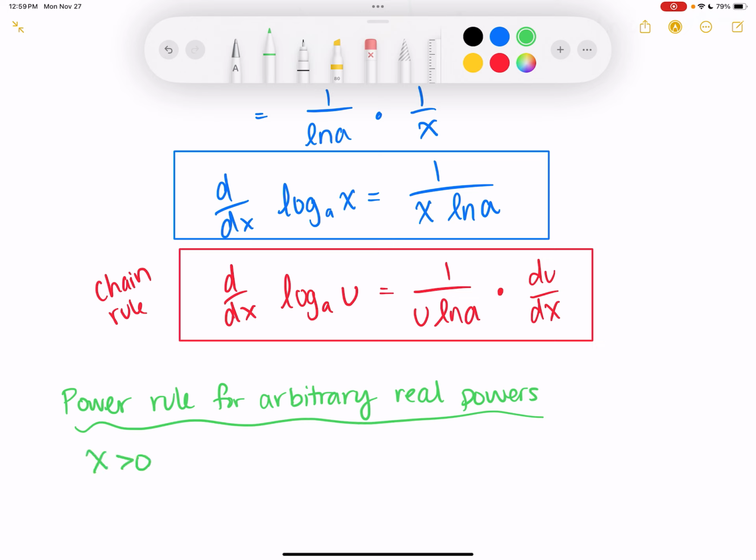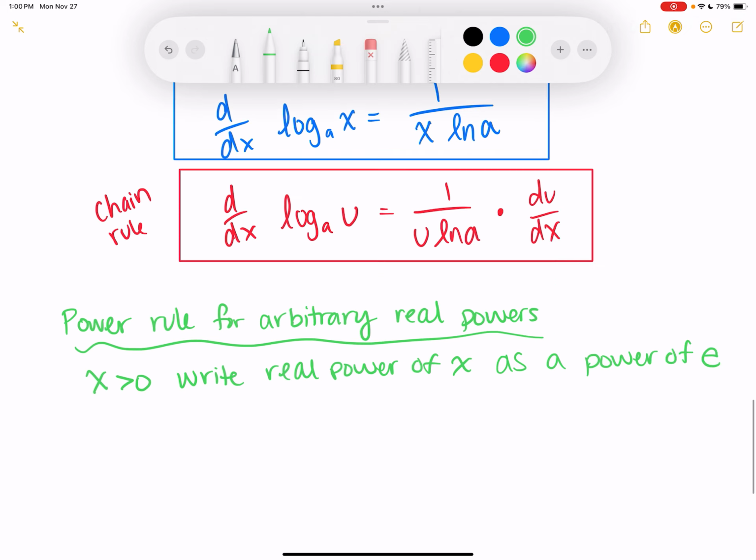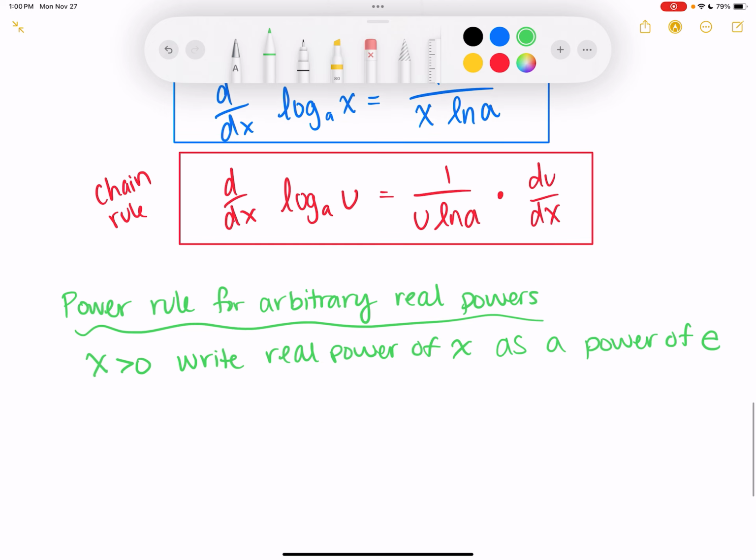So if x is greater than 0, write the real power of x as a power of e. So x to the n is equal to e to the n ln of x.